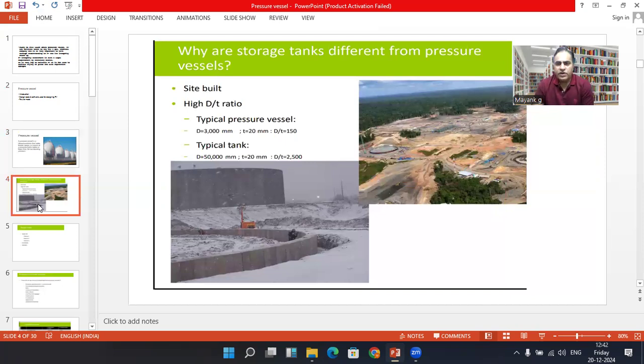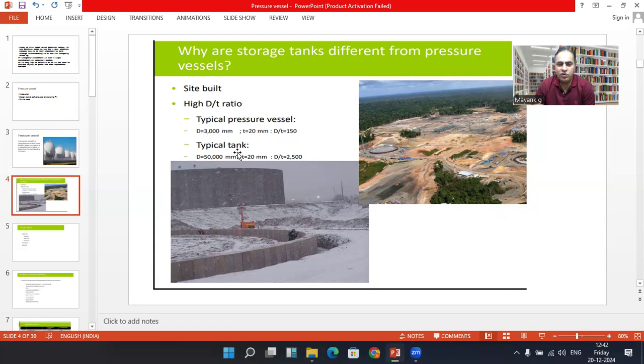We discussed storage tanks in our last series. So what is basically the difference between a storage tank and a pressure vessel? There are certain guidelines. The guidelines tell us that if the diameter to thickness ratio is equal to 150, then it is categorized as a pressure vessel.